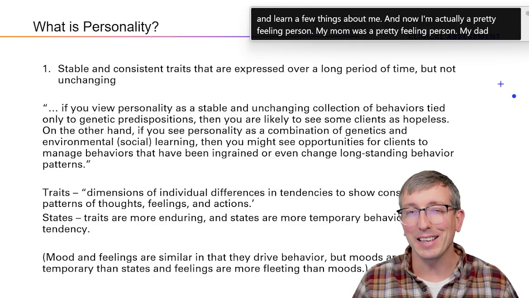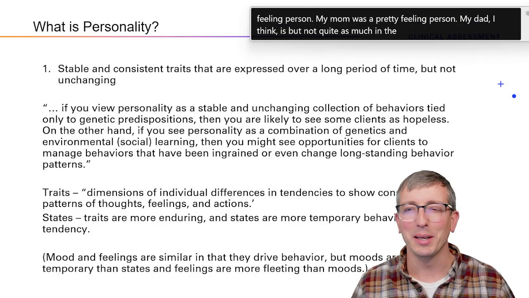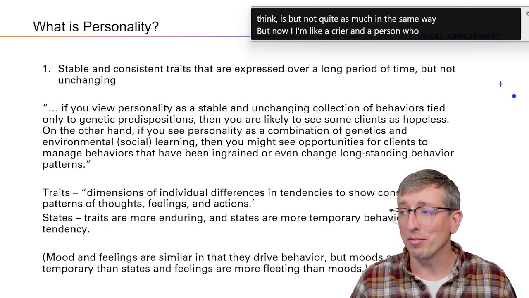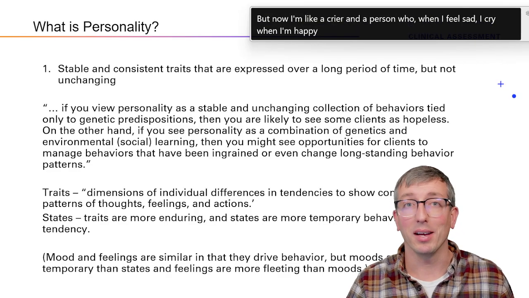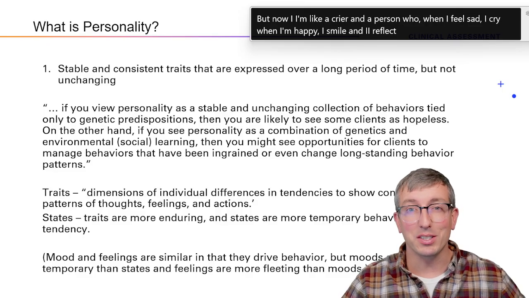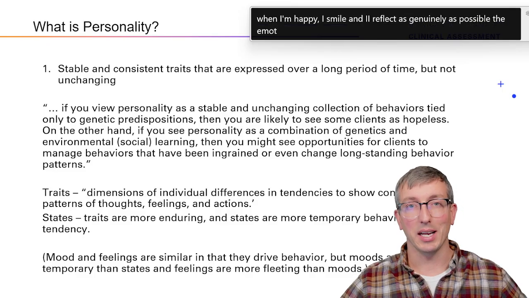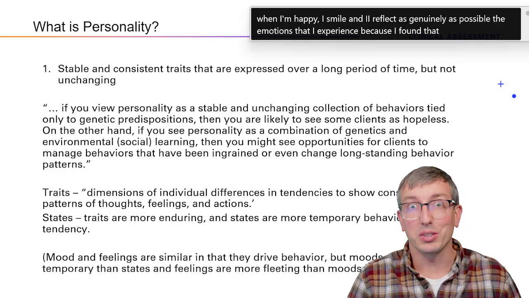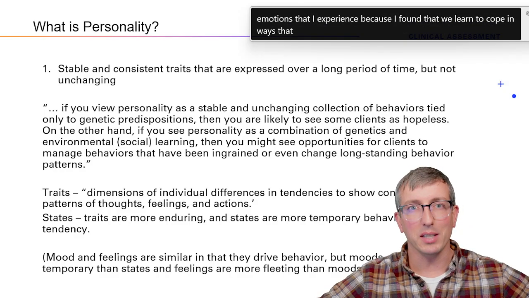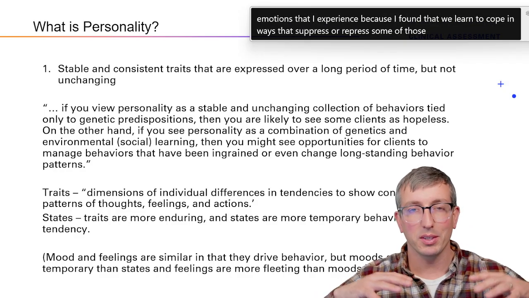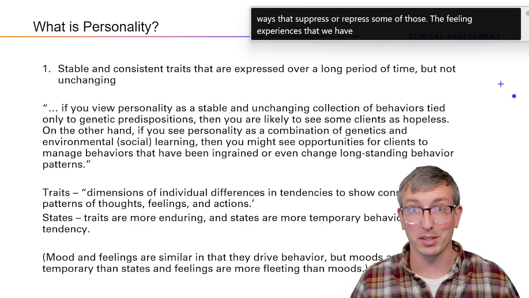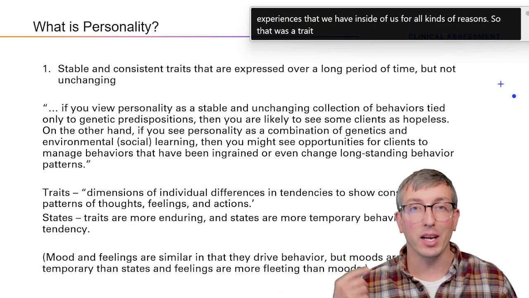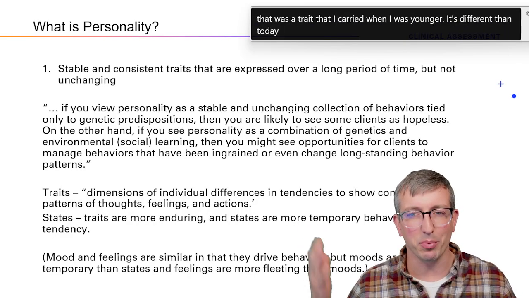My dad, I think, is, but not quite as much in the same way. But now I'm like a crier, and when I feel sad, I cry, and when I'm happy, I smile, and I reflect as genuinely as possible the emotions that I experience, because I found that we learn to cope in ways that suppress or repress some of the feeling experiences that we have inside of us for all kinds of reasons. So that was a trait that I carried when I was younger. It's different than today. That's the point.